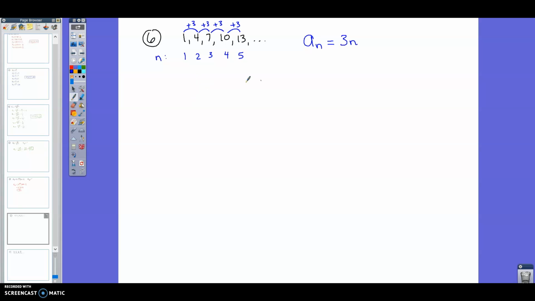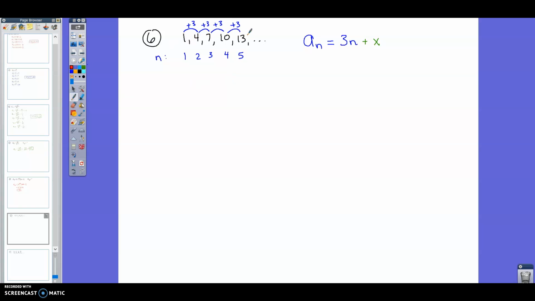Now, we need to make this statement true, so that if we plug in, for example, 1 into this equation, we get 1 as an answer. So we're going to have to do something to help us do that. Right now we know that 3n plus some number, we'll call it x, will give us this. So we need to solve for x to get the actual rule. I'm just going to pick one of the terms.